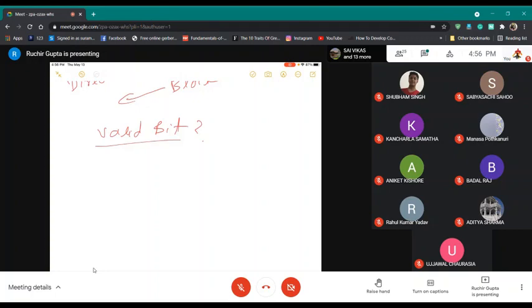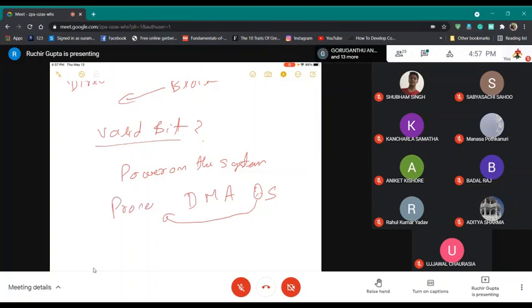So when you power on the system, you use DMA to transfer your OS or related things from secondary memory to main memory to processor.